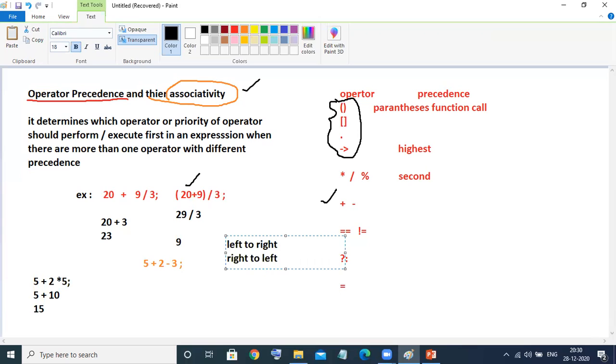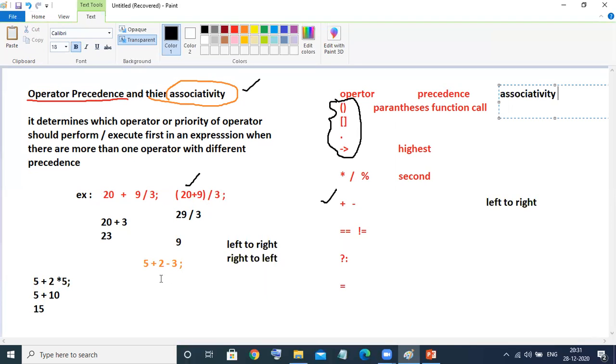This all depends upon the operators. Whenever we talk about plus and minus, the associativity of plus and minus is always from left to right only. Here I will make one more column as associativity.